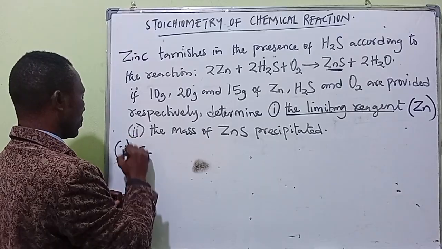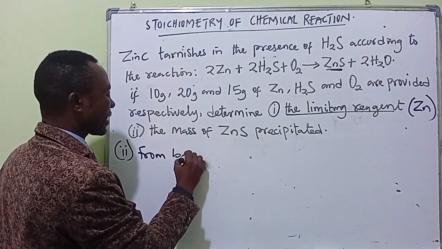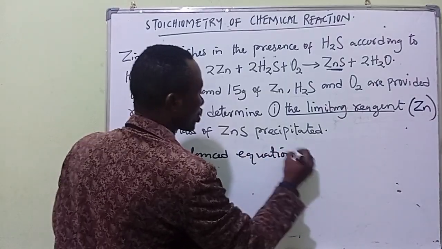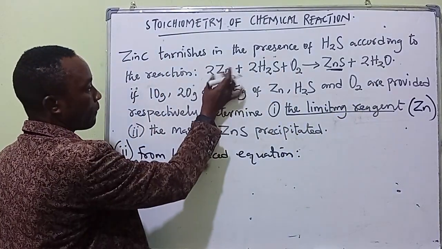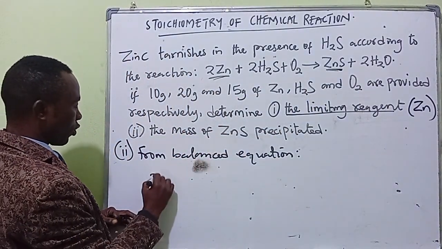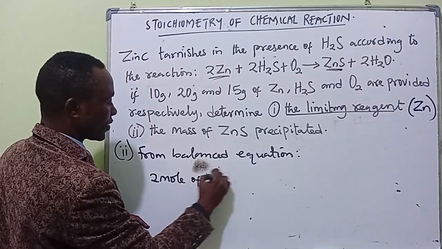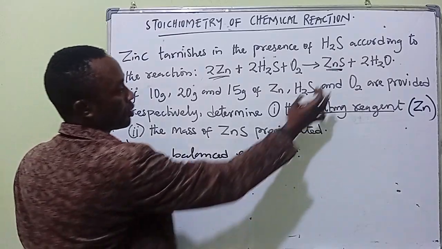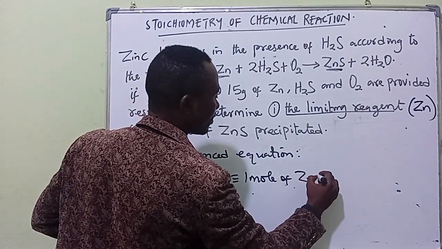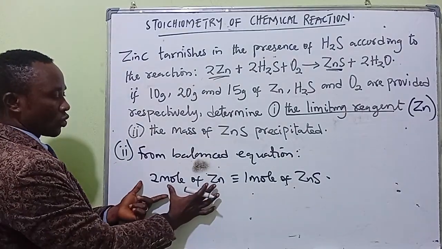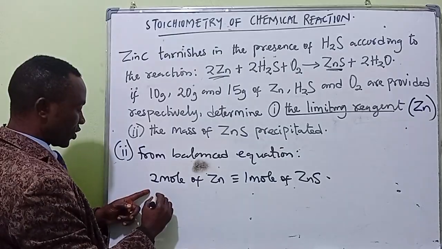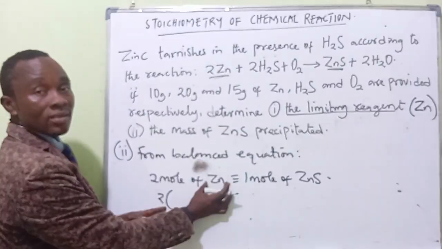So for number 2, if we want to solve, we can say that from the balanced equation, our balanced equation is this. You compare zinc, the limiting reagent, with zinc sulfide. So what are we seeing? You see that 2 moles of zinc will require 1 mole of zinc sulfide. 2 moles of zinc means 2 multiplied by the molar mass of zinc.